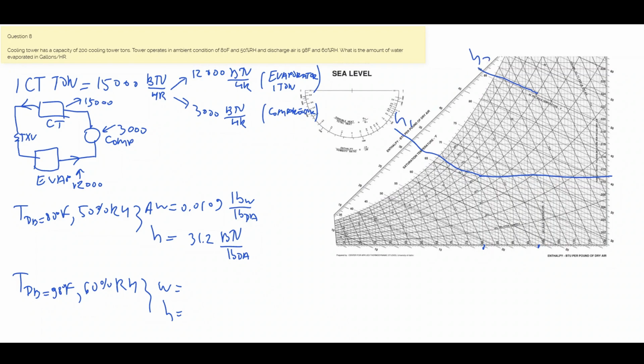So this is enthalpy 1, 2, moisture 1, moisture 2. So our moisture for the second condition is going to be roughly 0.0236 pounds of moisture per pound of dry air. And this is going to be 49.6 BTU per pound of dry air for enthalpy.